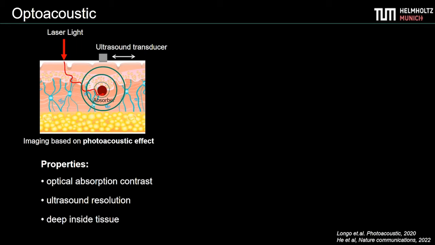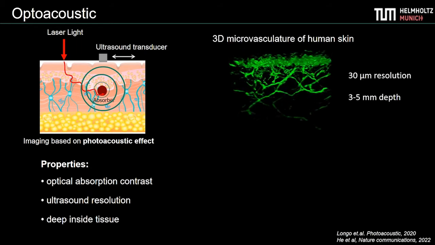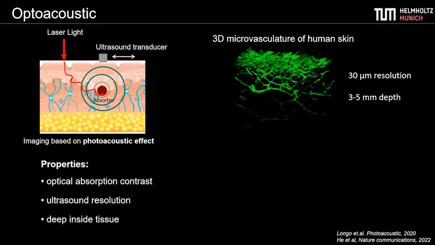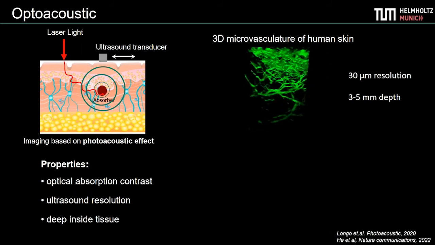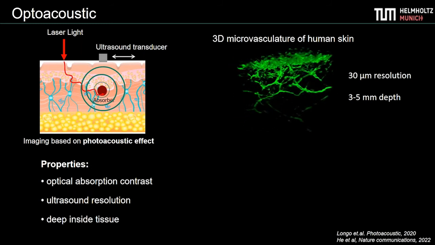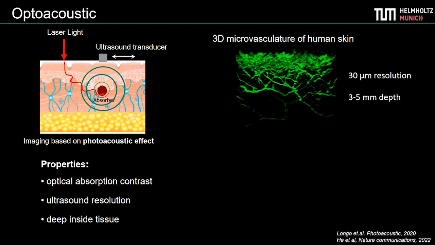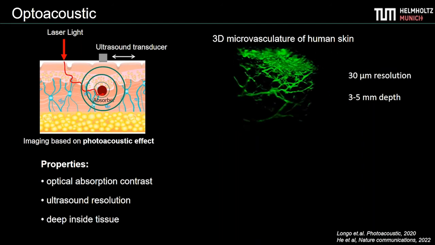Since sound scatters much less in tissue compared to light, we can penetrate deeper compared to pure optical approaches. Here, for example, with the implementation of optoacoustic microscopy, we can resolve the 3D microvasculature of human skin with a resolution in the range of 30 micron laterally and axial resolution around 10 micron.